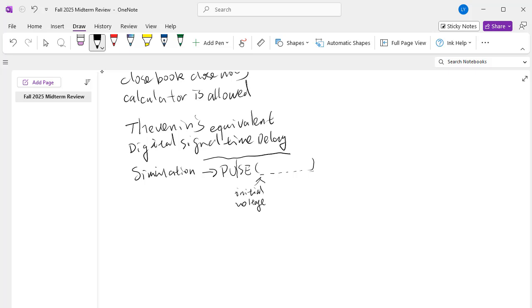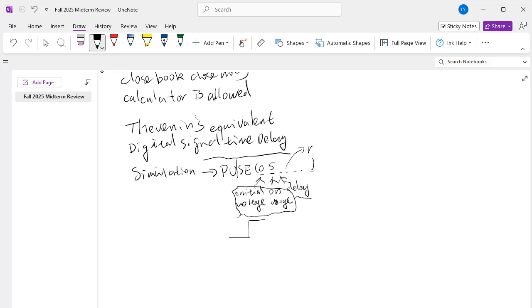And the arguments at each location represent a certain number. That's the initial voltage, which means at the very beginning of the pulse it was, for example, 0 volts if I put a 0 here, and then it jumps to 5 volts. So that's the on voltage, followed by a time delay. You want this to happen after a certain amount of delay.